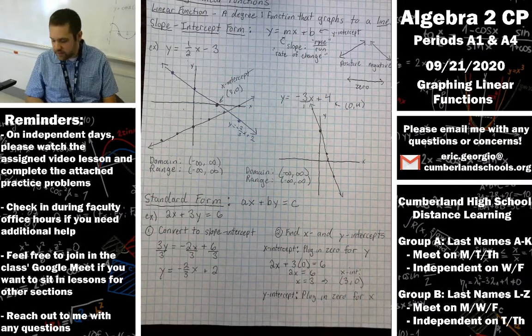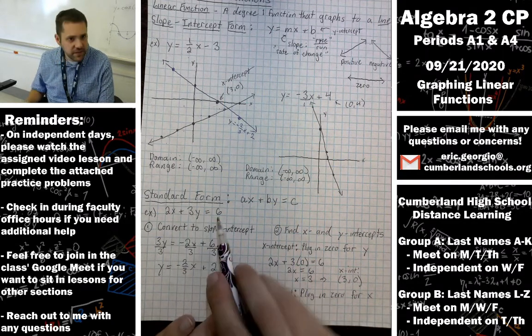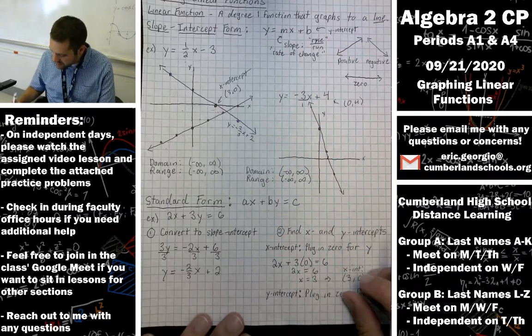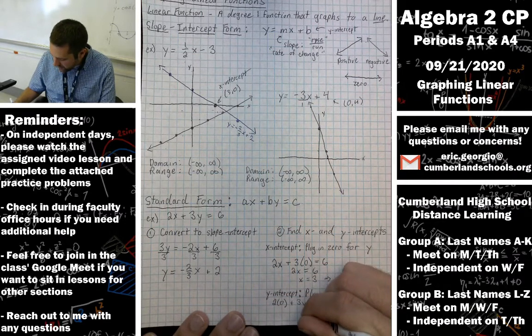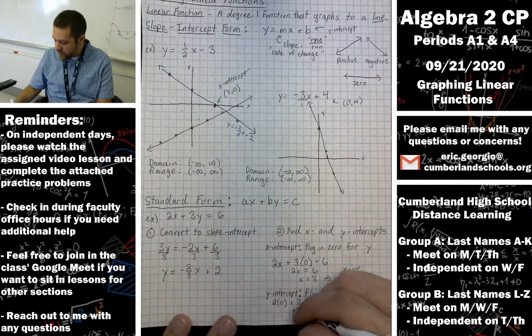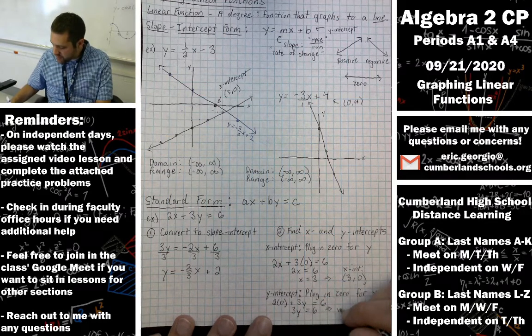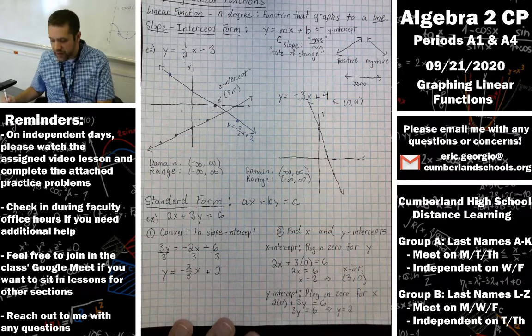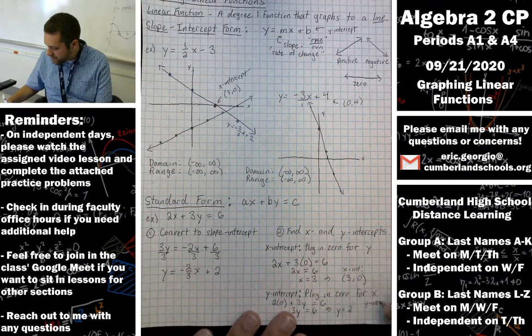I'm getting to the bottom of my page here, but I'll take my 2x plus 3y equals 6 and plug in 0 for x, so that gives me 2 times 0 plus 3y equals 6. A little bit of algebra 1: 2 times 0 is 0, so you get 3y equals 6, which results in y equals 2 if you divide by 3 on both sides. That means your y-intercept is at (0, 2).